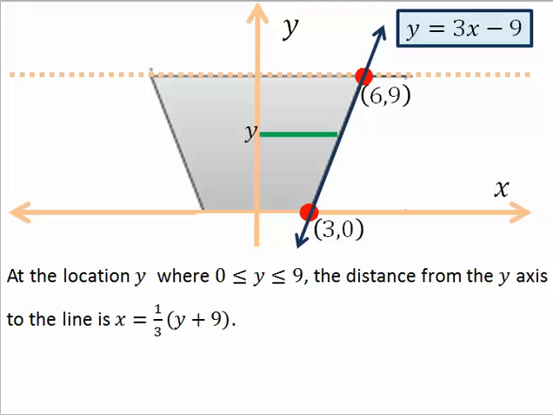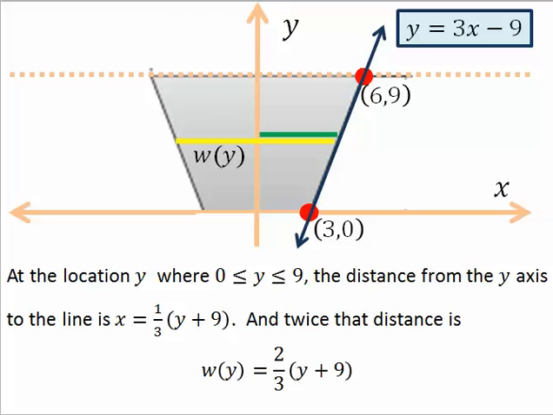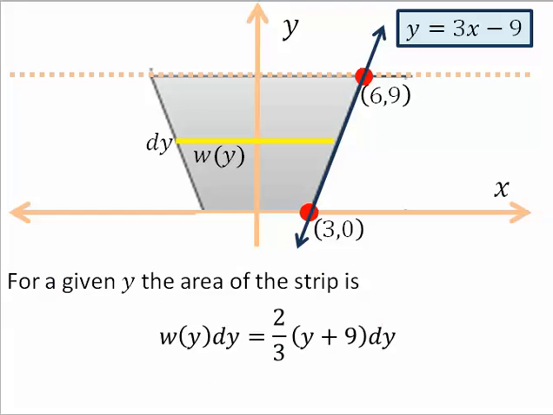So, at the location y, the distance from the y-axis to the line is 1/3 y plus 3. And that tells us that twice the distance, that is w of y, would be 2/3 y plus 6. So for a given y, the area of our strip is (2/3 y plus 6) dy.